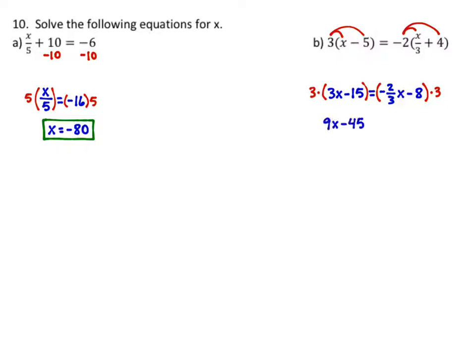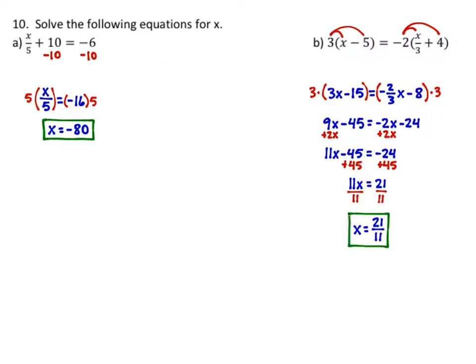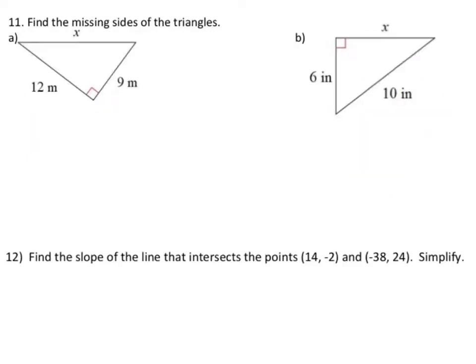So 3 times 3x is 9x, and 3 times negative 15 is negative 45. The negative 2/3 x times 3 cancels out the denominator, so you get negative 2x. And the negative 8 times 3 is negative 24. Then we'll add 2x to both sides and get 11x minus 45 equals negative 24. Add 45, so we get 11x equals 21. And then divide by 11, so we end up with 21 over 11 as our final answer.